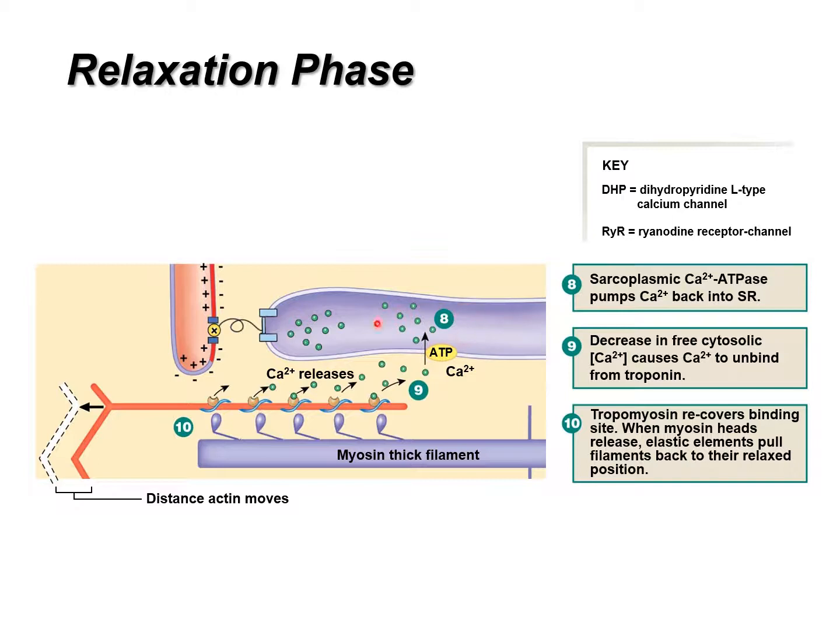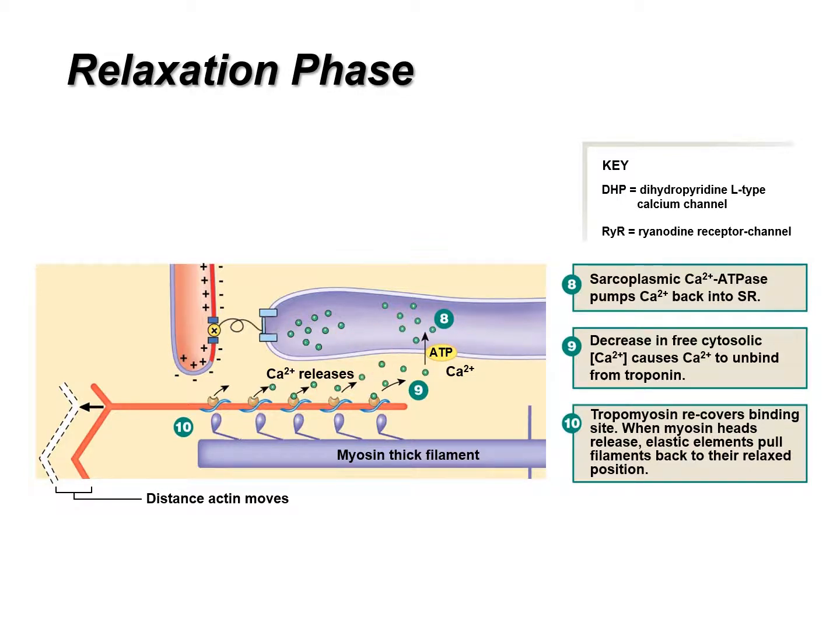And so the main mechanism for calcium removal from the cytosol back into the SR is a calcium ATPase. It is a uniporter, one substrate calcium, and it is primary active transport. It is pumping that calcium back, kind of a form of reuptake, if you will, only it's inside the cell.